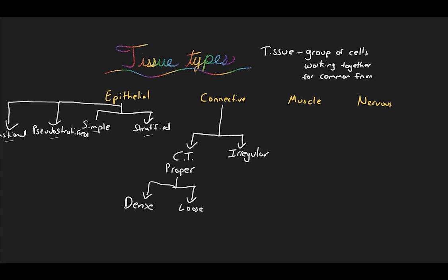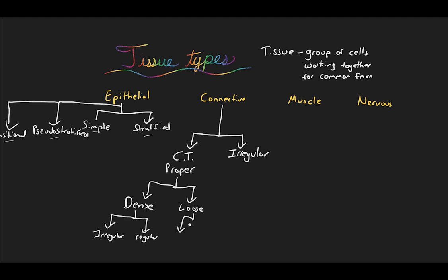You'll often hear these referred to as the fibrous connective tissues. So you have dense and loose. In dense, we have dense irregular and then dense regular, two different types of dense connective tissue.